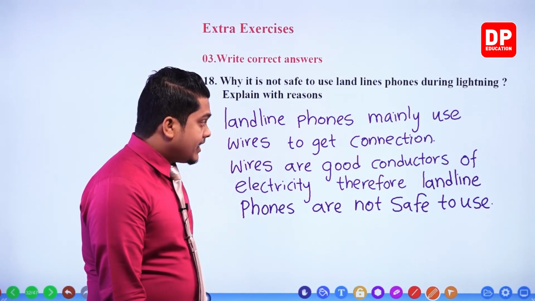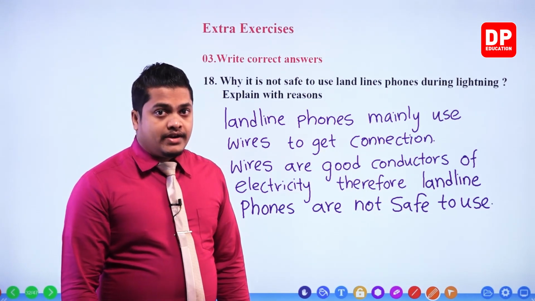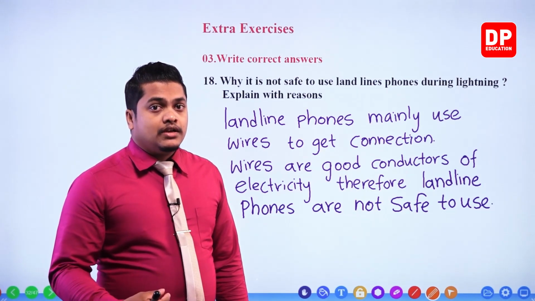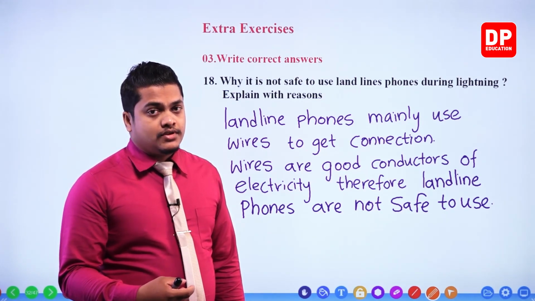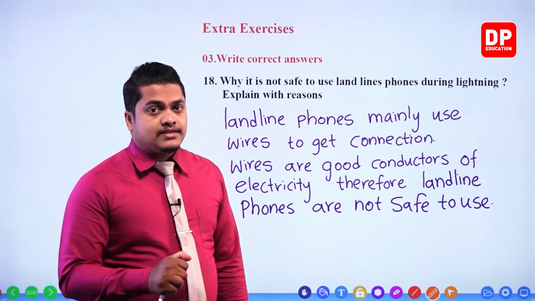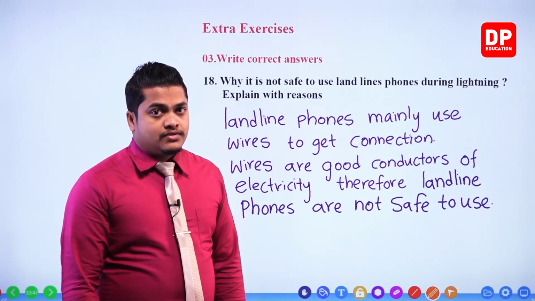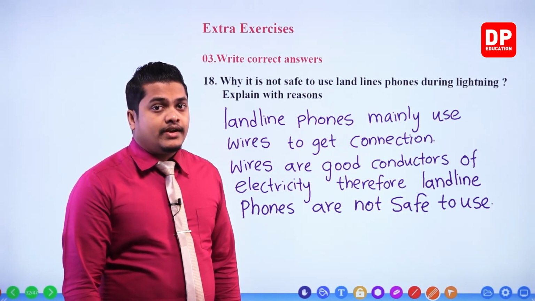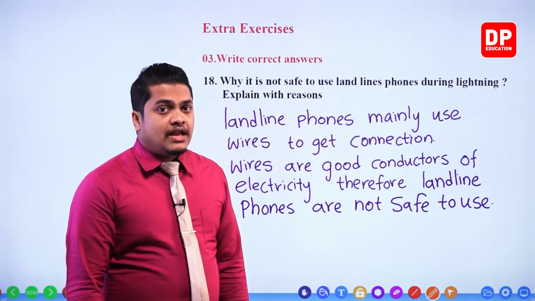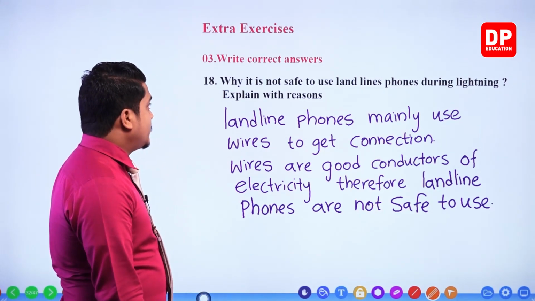So there's a greater possibility that the lightning may strike onto that particular wire and come through with the conducting wires for the landline phones. So in that case, there is a risk of getting electrocution because of using landline phones. So we have to minimize the usage of landline phones in order to be safe from lightning accidents. Right. So we have answered the third question.